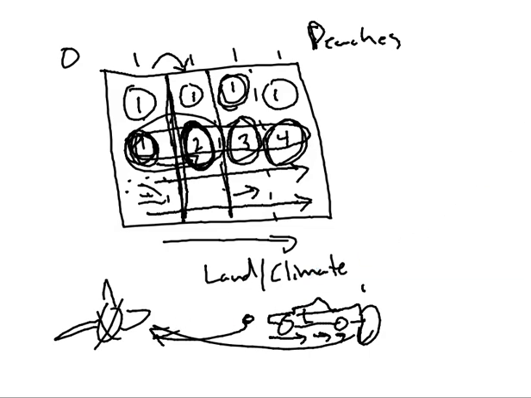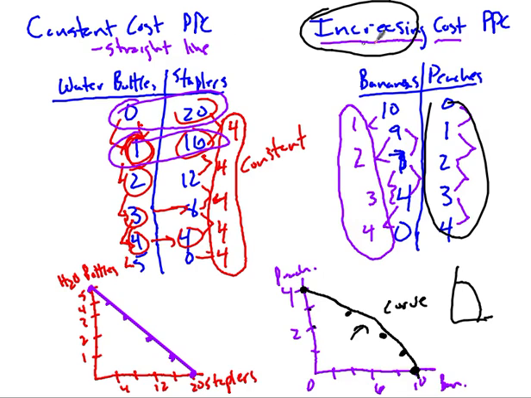So this is what they mean by an increasing cost, a decreasing cost, and a constant cost production possibilities curve. There is a decreasing cost. It typically doesn't happen though, so we're not going to worry about that. So make sure you can draw these and recognize what they are. If I said draw an increasing cost, you would know to bow it out.